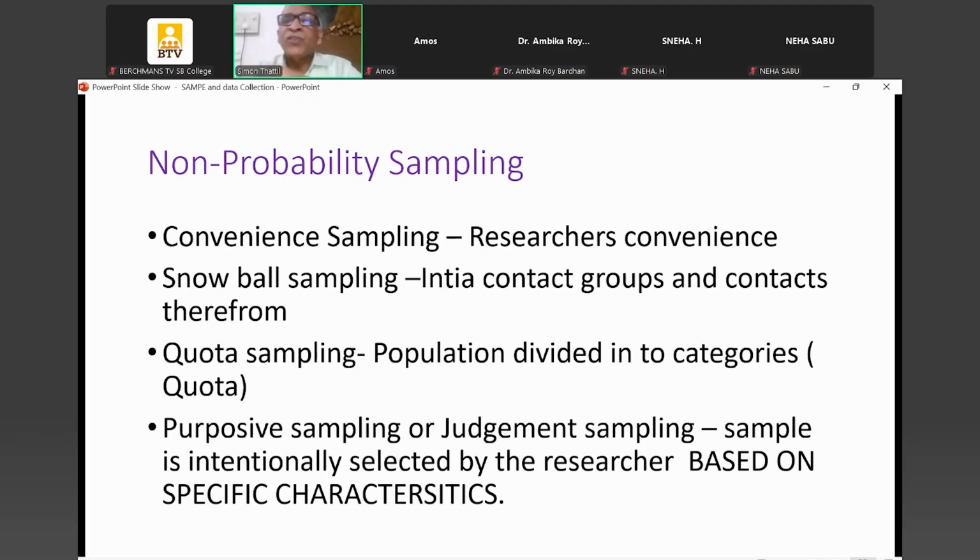Another form, which is again convenience only, is called snowball sampling. Initially you contact groups, and then you contact further people from them. So I get one person who's a customer, and then I ask, do you know any other customer?